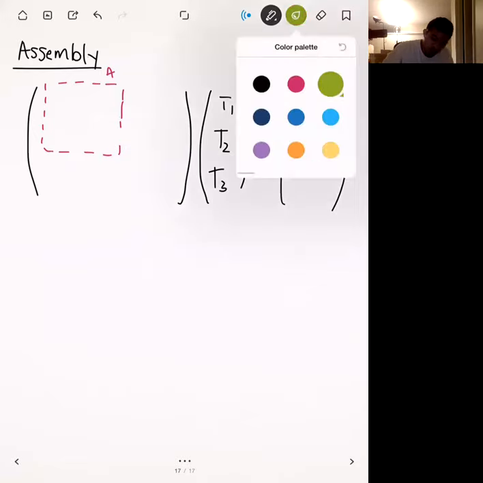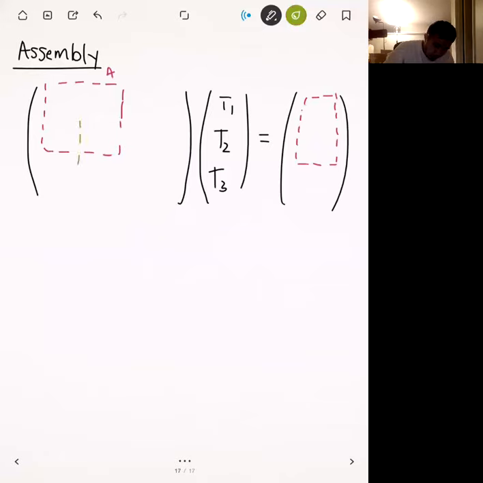And then the contributions also from element B.